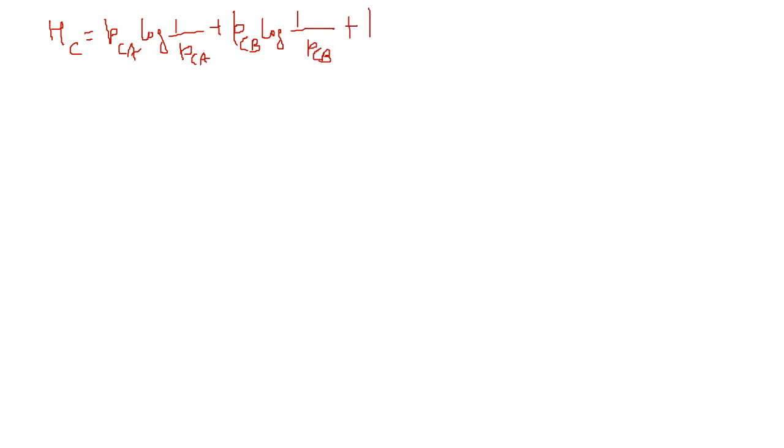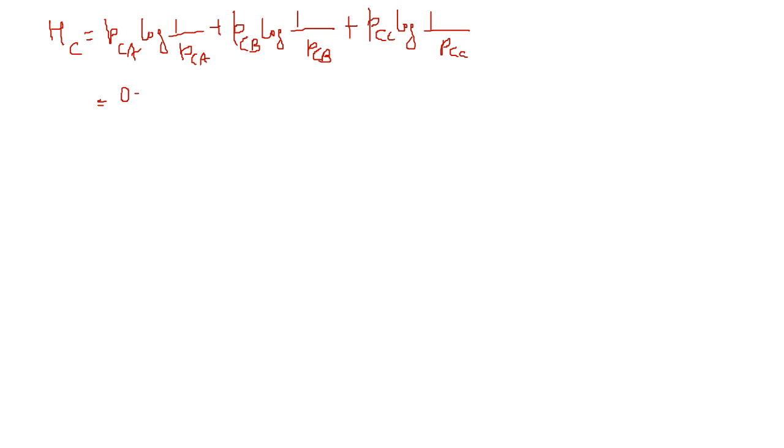Next, to find HC, we'll write the formula. HC is equal to P_CA log 1 by P_CA plus P_CB into log 1 by P_CB plus P_CC into log 1 by P_CC. We'll substitute the corresponding values.